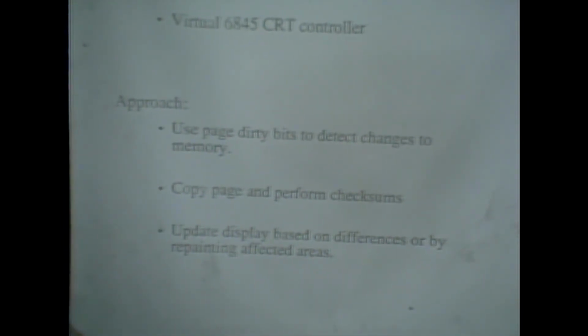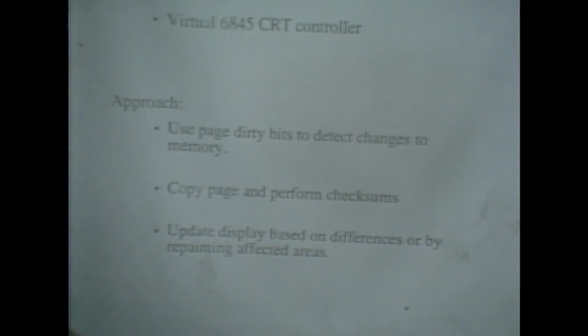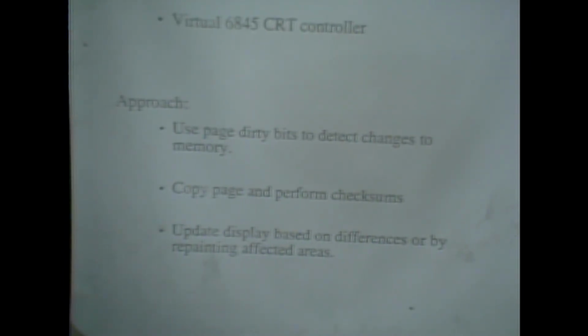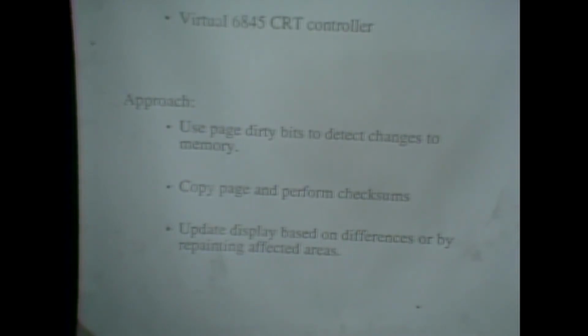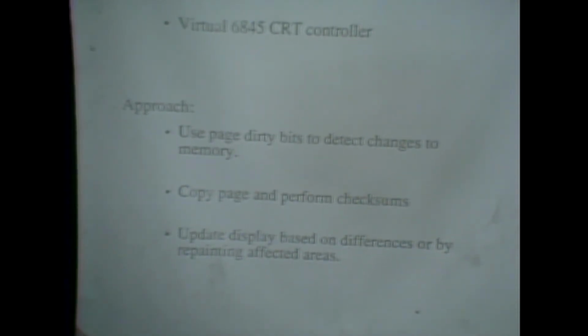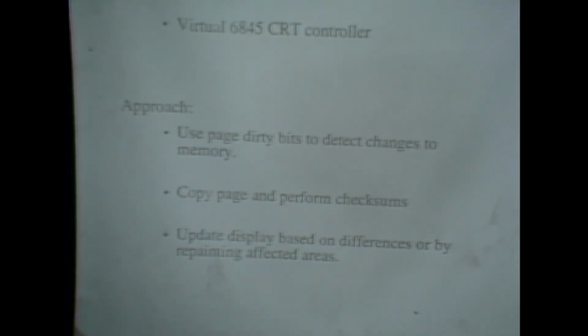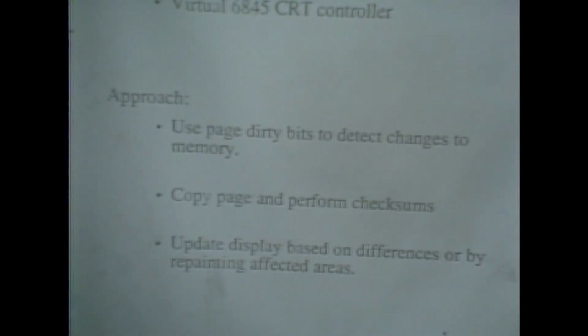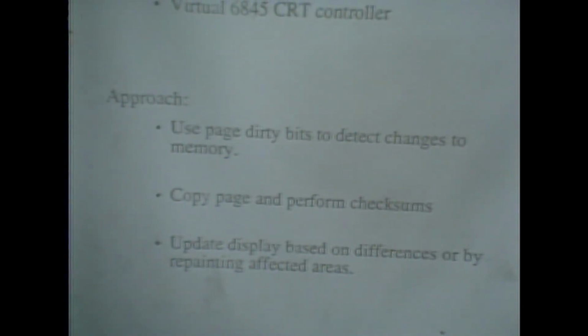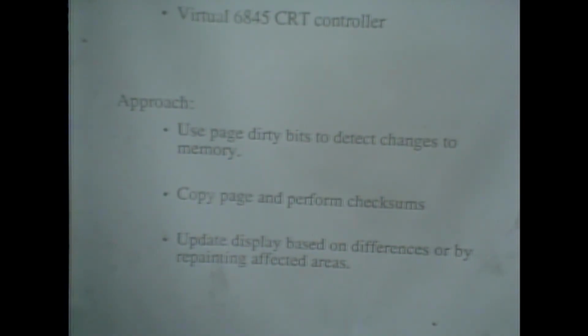For the character-oriented monochrome type displays, we actually copy the essentially 25 by 80 columns and rows of characters to make a copy of it, determine what has changed from the previous copy to the current copy, and use that information to update the display.